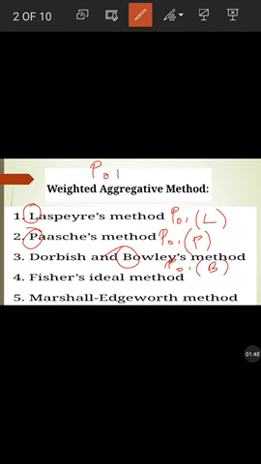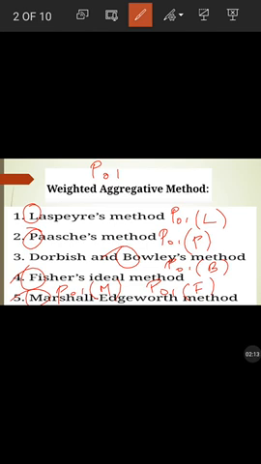Then the next one is Fisher's, P01 of F. The next one is Marshall, that is P01 within bracket M, the first letter of Marshall.